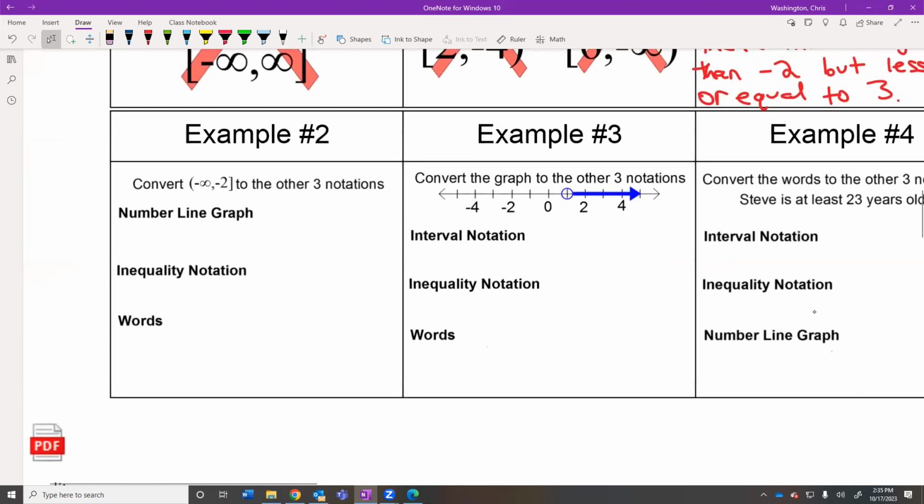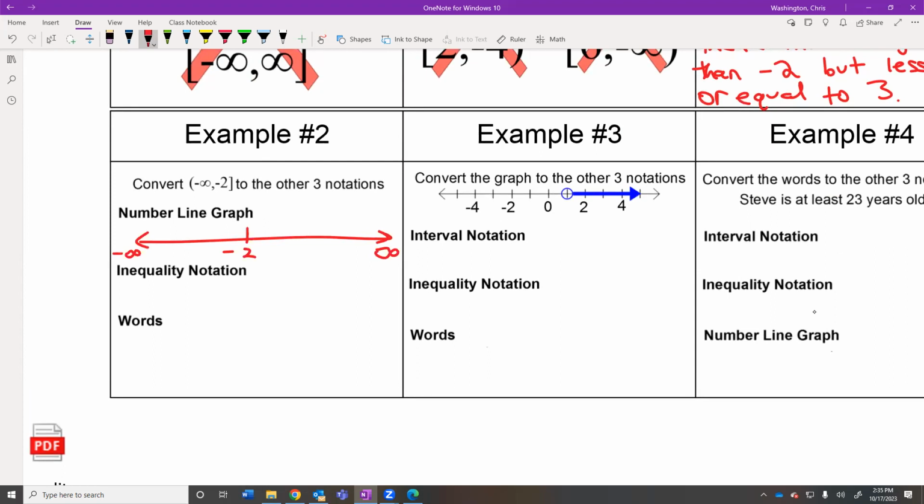Example number 2, we have the integral from -infinity to -2. -2 has a bracket. We need to know what that means. So on a number line, where would -infinity be? -infinity would be way over here on the left, +infinity way over here on the right, and -2 somewhere in the middle.